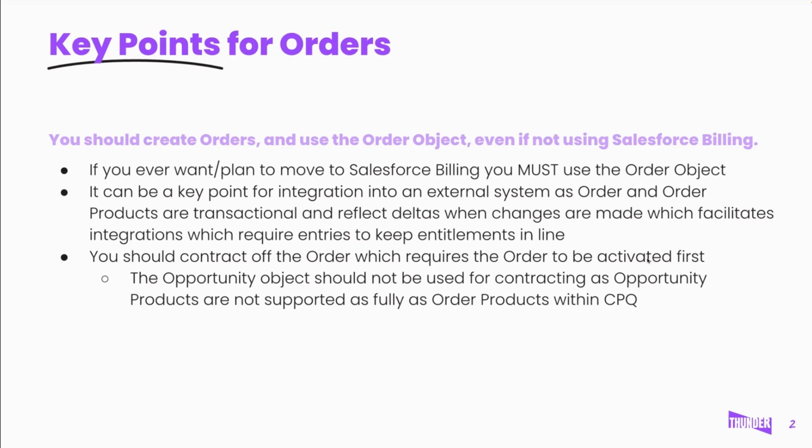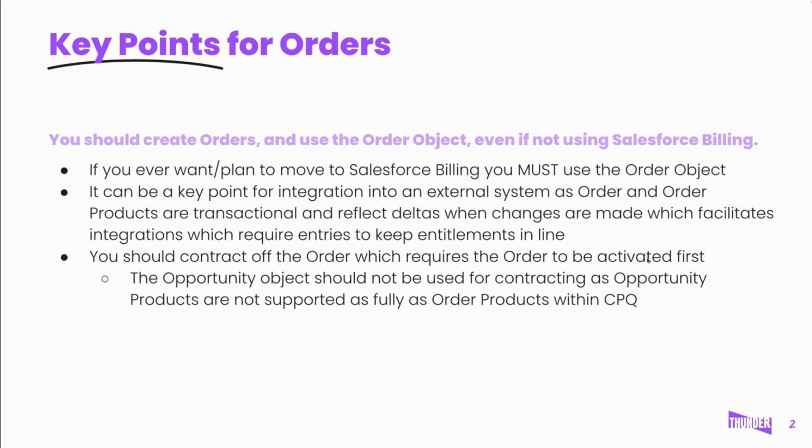There are several ways to create contracts using Salesforce CPQ and Revenue Cloud. The opportunity object is the other way that people can contract. You can generate a contract from the opportunity. But the reason that we recommend against this is because opportunity products are not supported as fully as order products within CPQ.